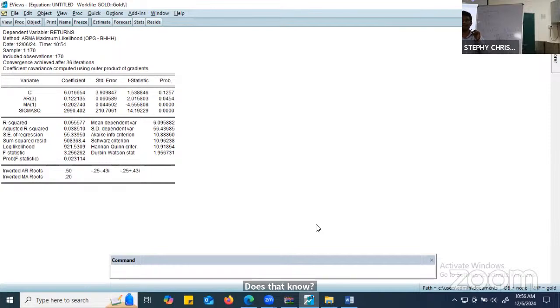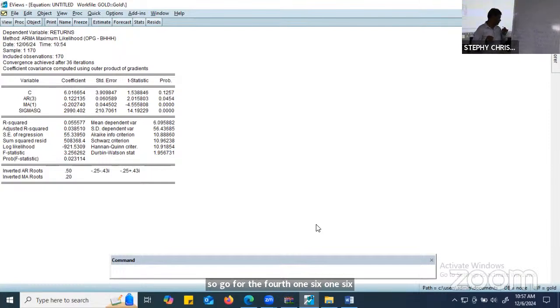Very important. So how many models have you completed? 3. You note the value of how many models? All 5. Very good. So go for the fourth one, 616. No, sorry. 411. 411 and 611. Yes, sir, correct. 611 also done, no? So make a note of AIC and SIC.